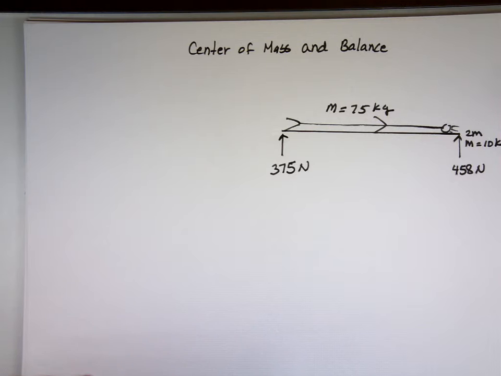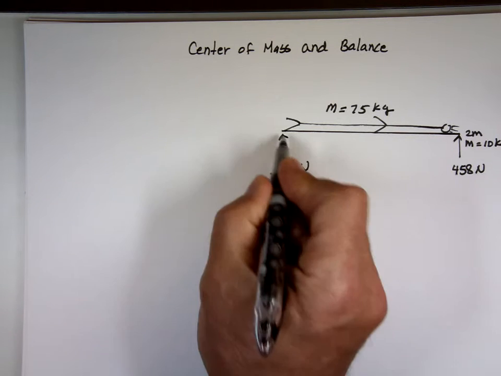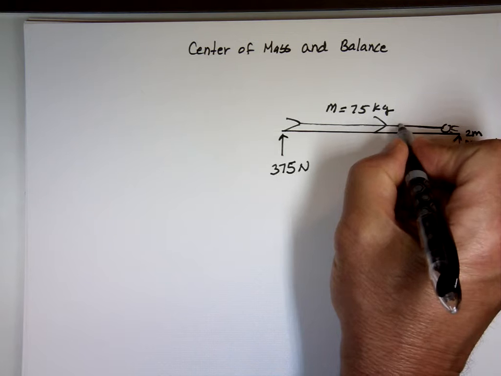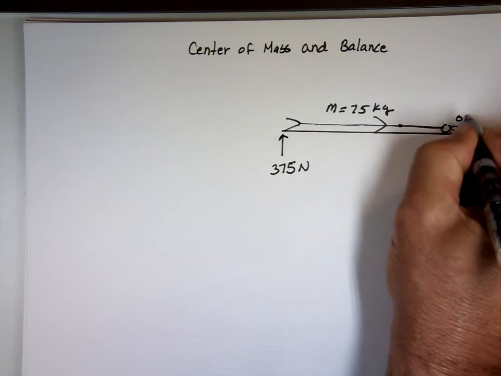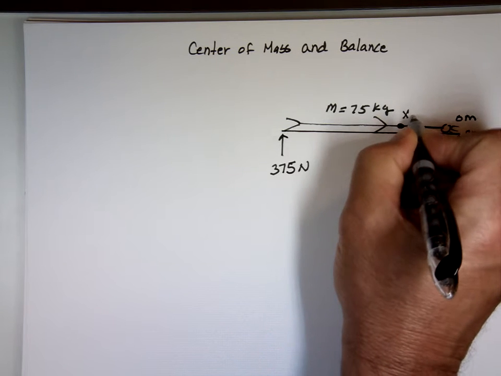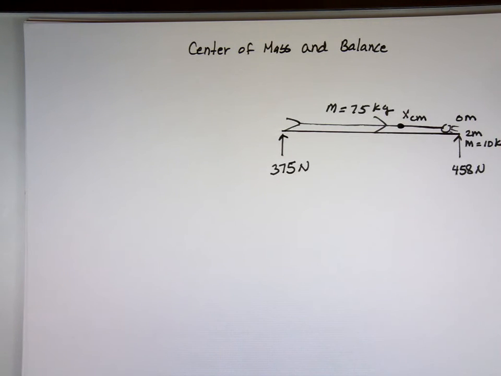We have no idea. Do you want to measure it from his feet or his head? It's up to you. You decide. Head? Okay. Let's call that the 0 mark. And let's call this distance here x, for center of mass for the person, x_CM. I want to know where that distance is.